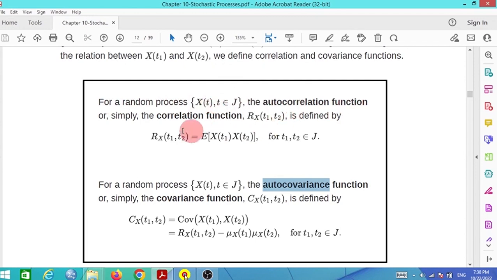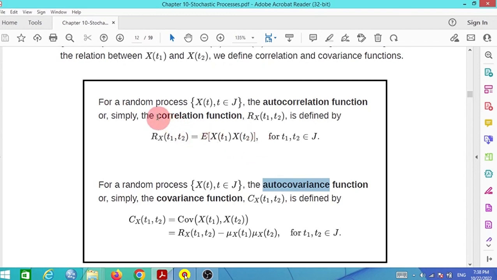The autocorrelation function, or simply correlation function, denoted by R_x(t1, t2), measures the relation between x at time t1 and x at time t2, and is defined by this expected value: the expected value of the product xt1 times xt2.